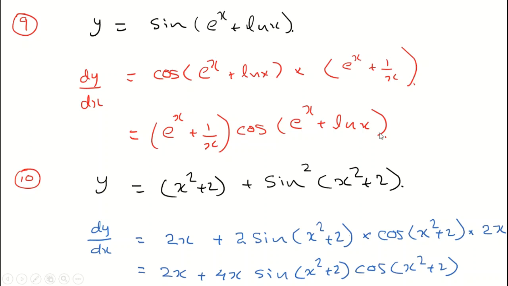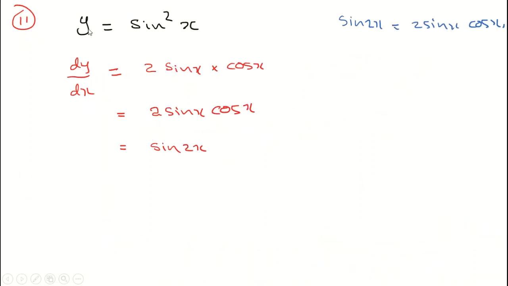Right. If y is equal to sin squared x, then dy over dx is equal to 2 sin x into cos x. Now you know this 2 sin x cos x is equal to sin 2x. We have a formula from the trigonometry lesson.